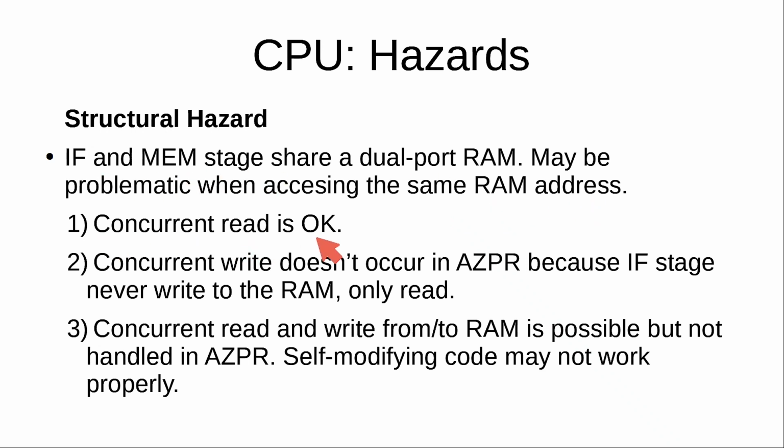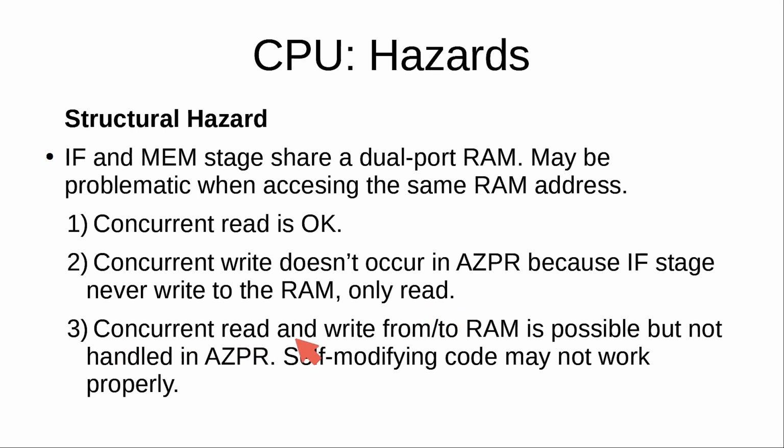Concurrent read to the same RAM address is not a problem. But if there is a concurrent write to the same RAM address, there will be a problem. Luckily, in our design, this concurrent write problem doesn't occur because the instruction fetch stage never writes into the RAM. It only reads.